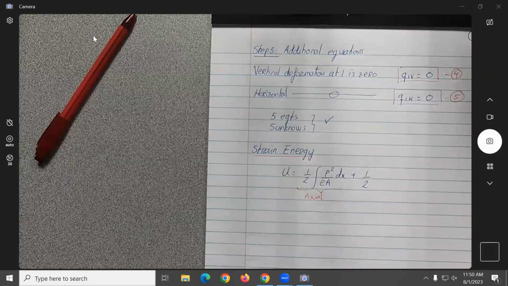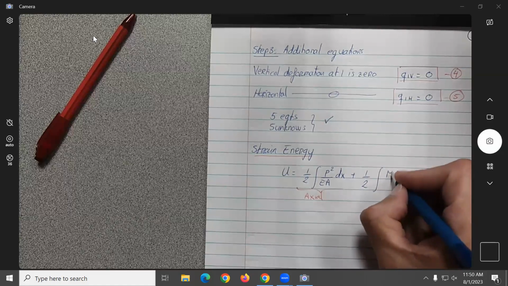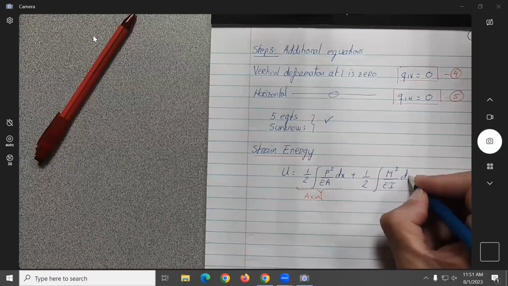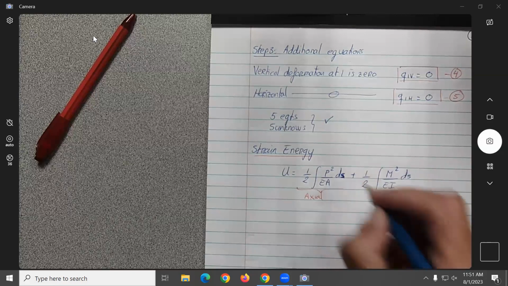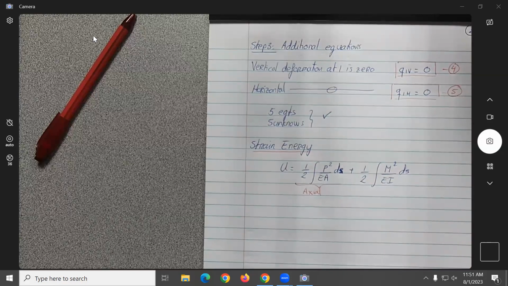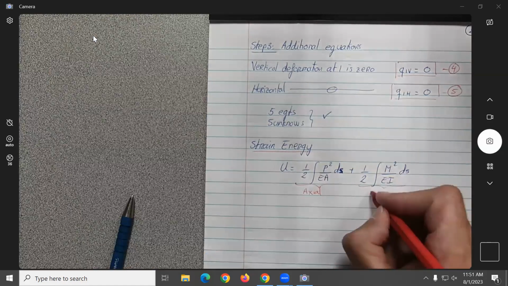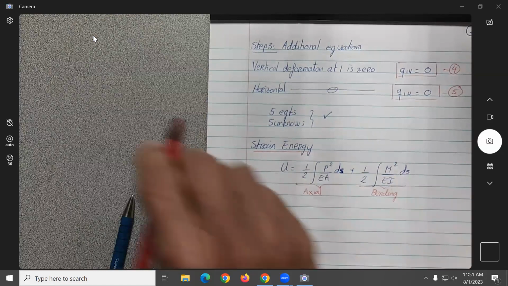The one due to bending. So what is the expression for bending? Integral of 1/2 M squared over EI. Let me put here ds instead of dx because it will be a little more clear. Yes. So this will be axial, and this will be bending.